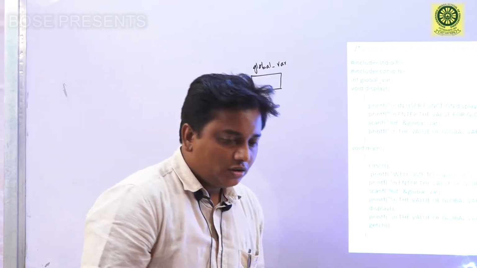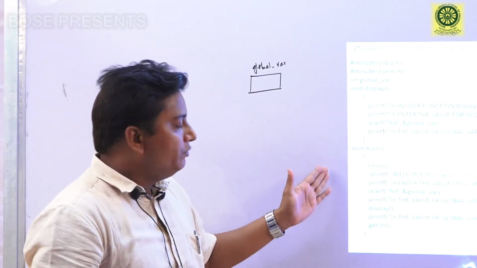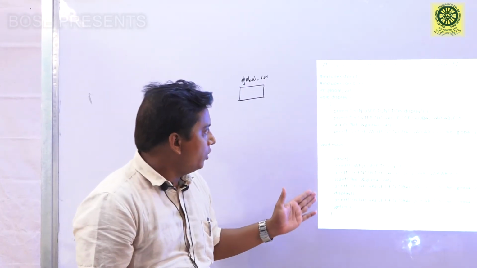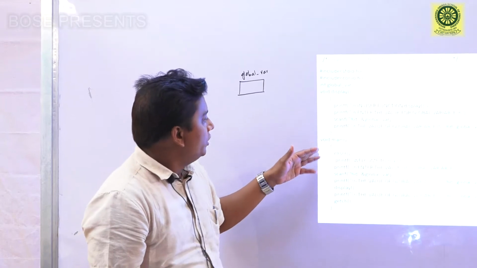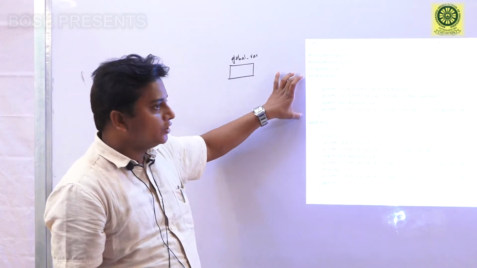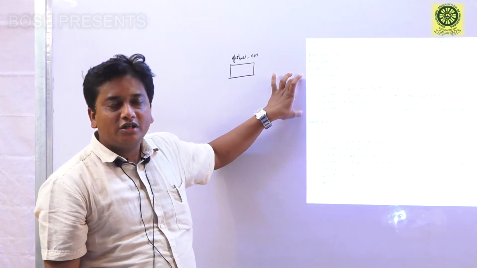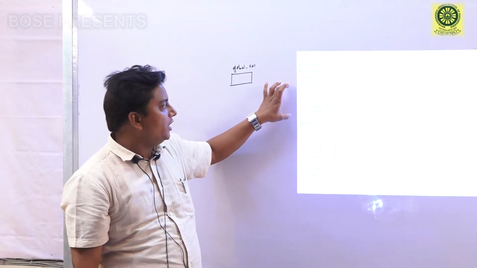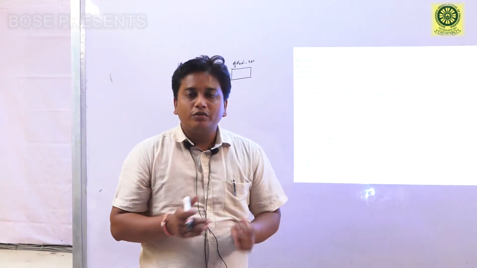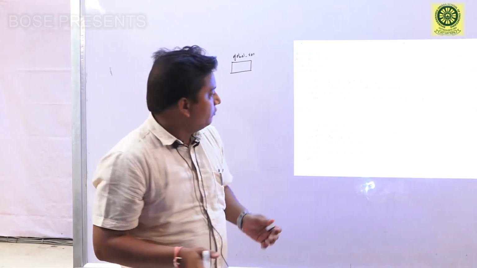Then, as I told you, the execution of every C program starts from the main function. So here is the main function, and before the main function there is another function, known as a user defined function. In my previous session I told you that a user defined function can be declared before or after the main function.